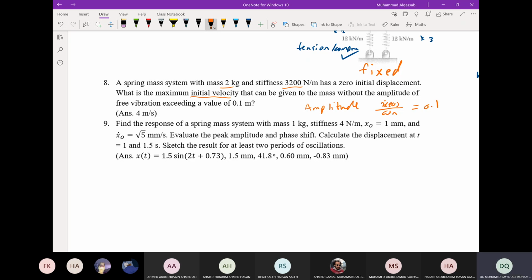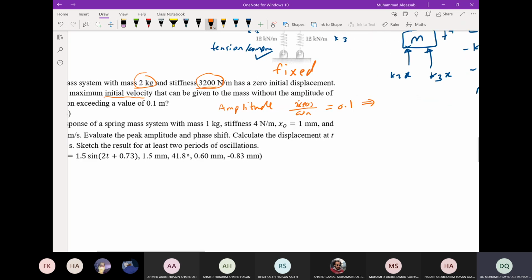Omega n is obtained from the mass and the stiffness, square root of k over m. Then from this we can find x dot 0, which will be 0.1 times omega n. That is the answer.